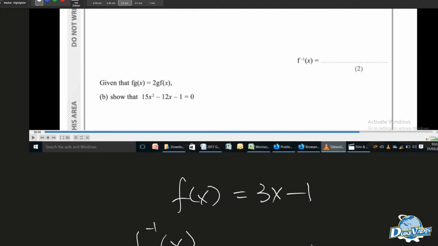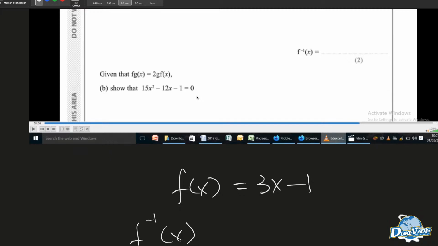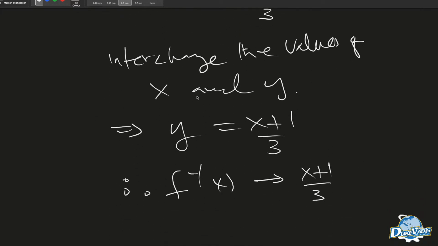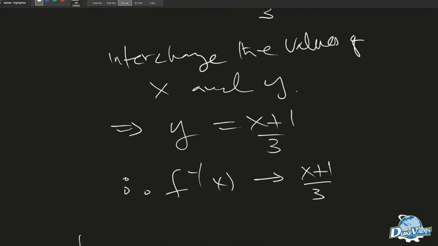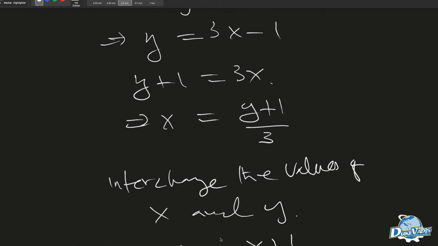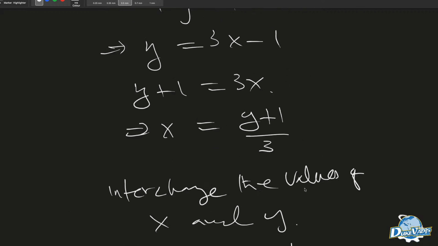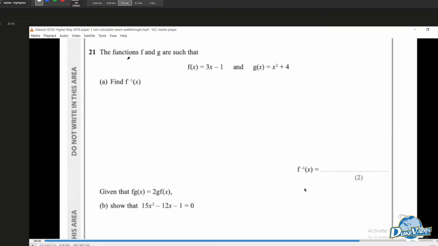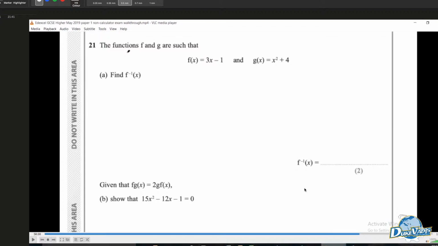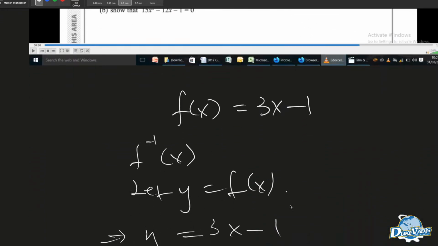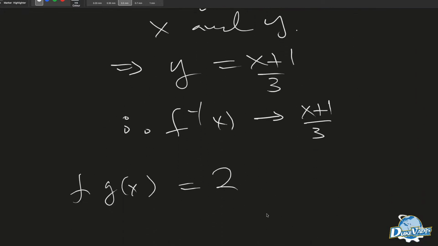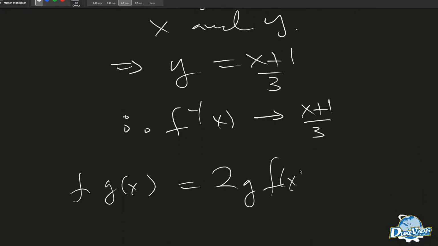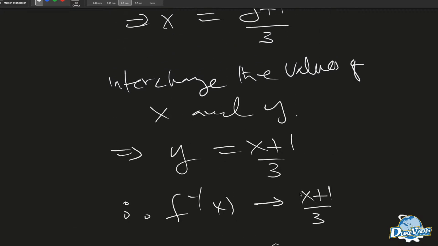So after computing this, we should be able to prove that. So fg of x is equal to 2gf of x.